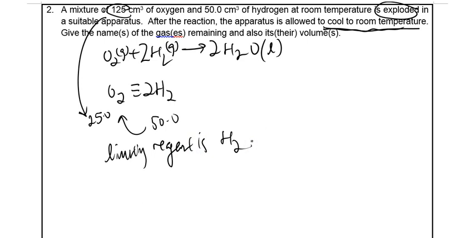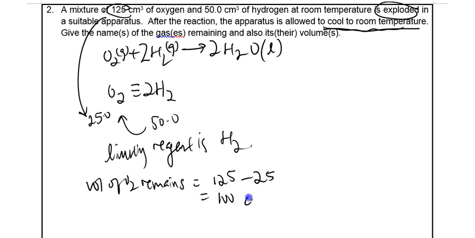So what are the gases remaining? I have my O2 that remains. It's 125 minus 25 equals 100 cm3. So this is the O2 which remains. How do we get this 25?